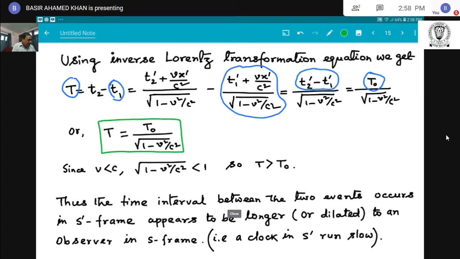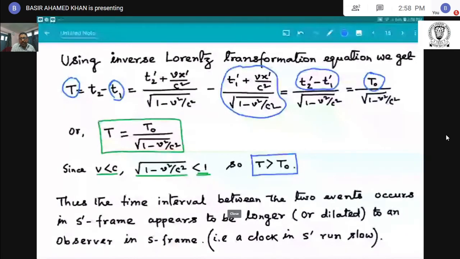Now since v is less than c, root over of 1 minus v square by c square is less than 1. So from this relation we can say that t is greater than t0.